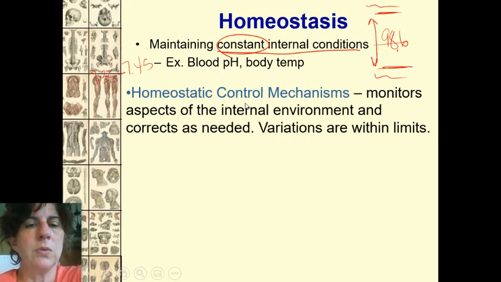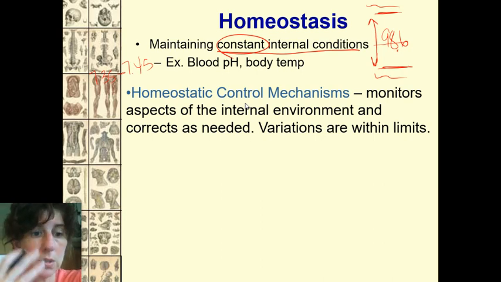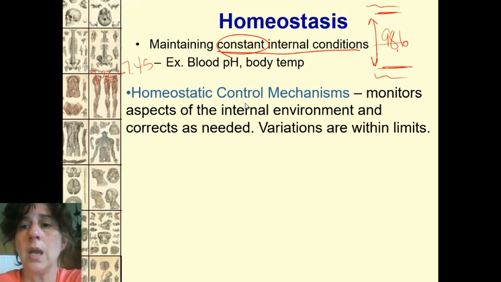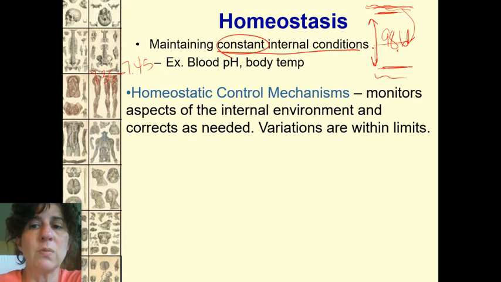Basically, we have to have a way of always monitoring what's going on in our body, monitoring our systems and saying, is it normal? Is it going too high? Is it going too low? If that's the case, I need to do something to tweak it right now before it gets out of control. If I get way too hot, it's much harder for my body to cool back down than if I'm within this range and just kind of eking up, getting a little bit warmer.